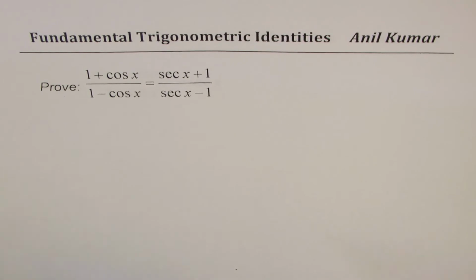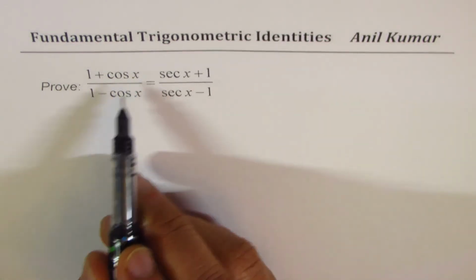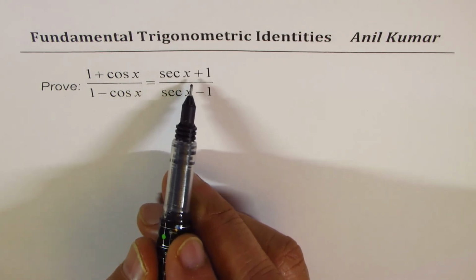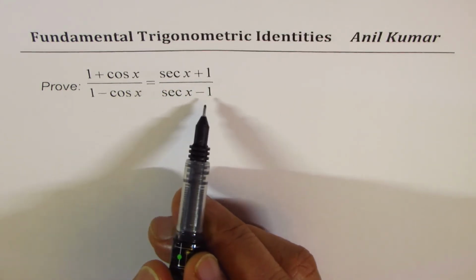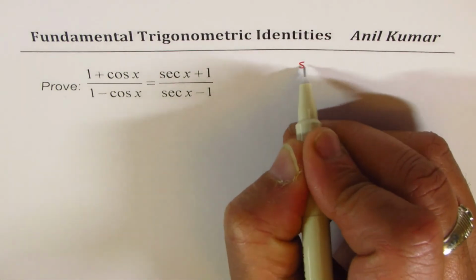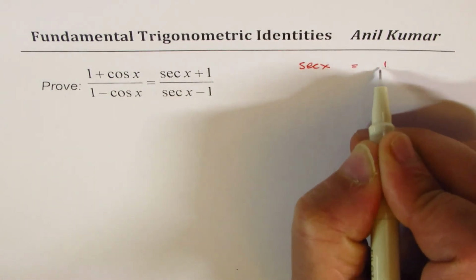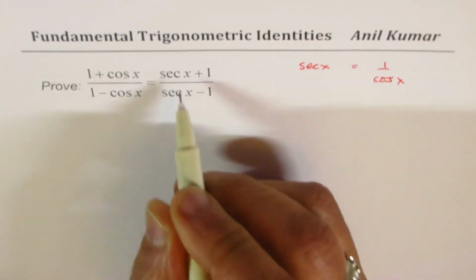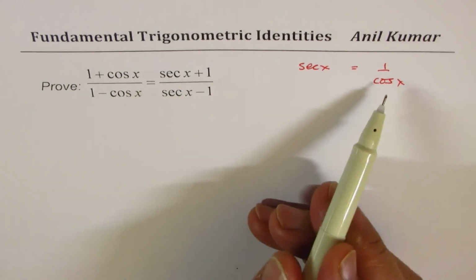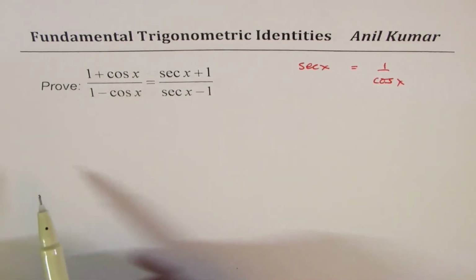Now the example here is to prove 1 plus cos x divided by 1 minus cos x equals to secant x plus 1 divided by secant x minus 1. Now what strategy can you use here? Well, you could write secant x as 1 over cos x. So you could start with the left side and prove. You could start with the right side, changing secant as cosine, and then get to the left side.